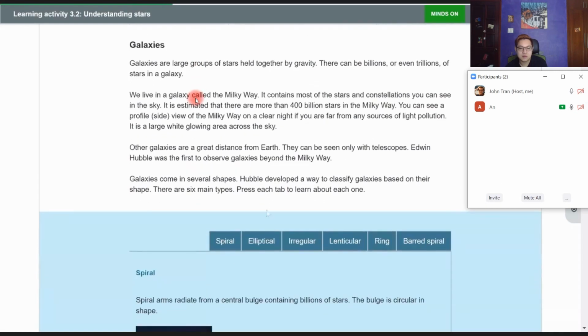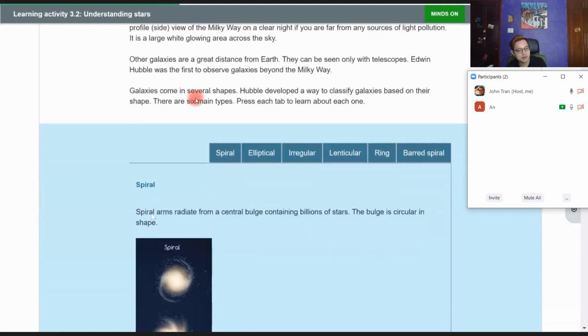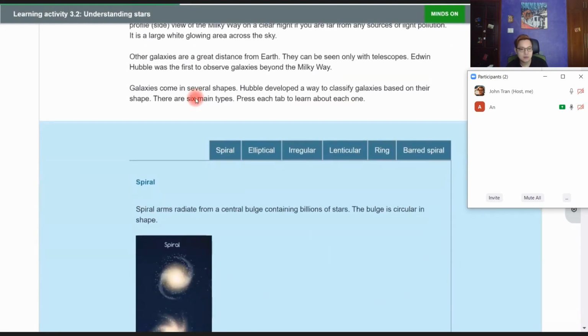It depends on their shapes. They are classified into these six main types. Spiral, like a spiral. Spiral arms radiate from a central bulge containing billions of stars.